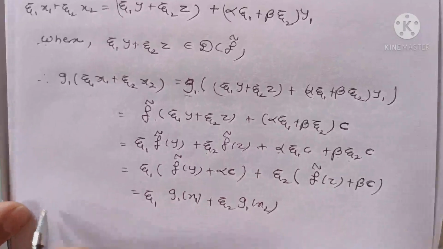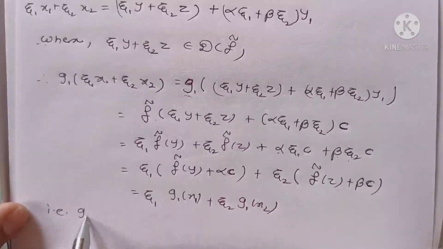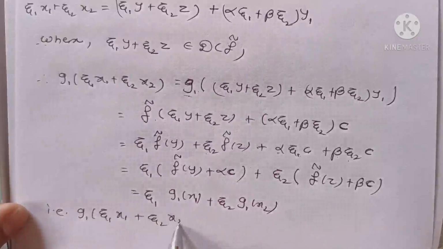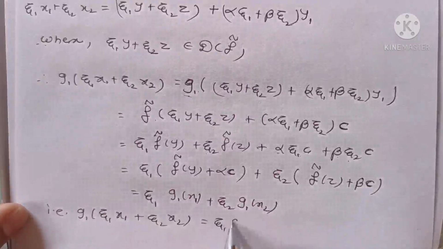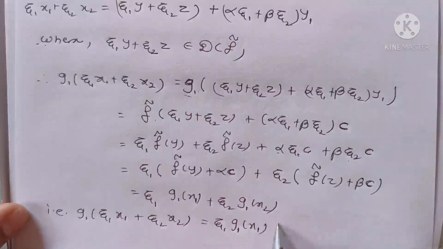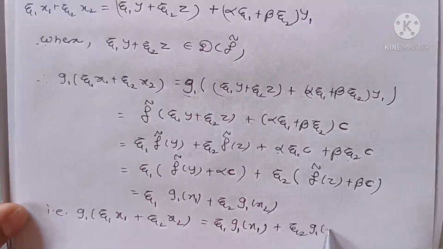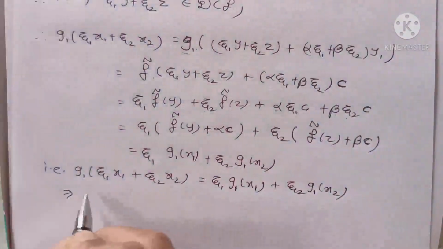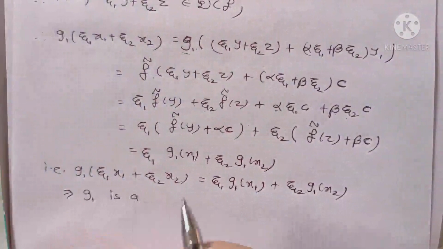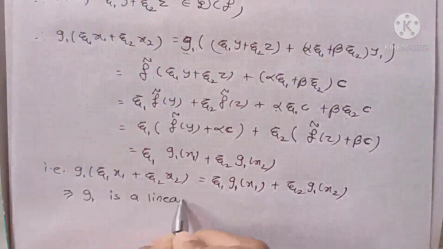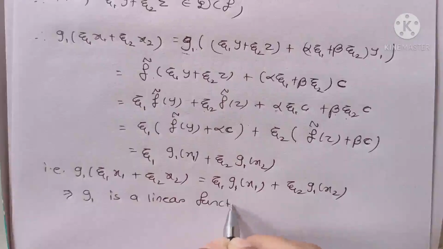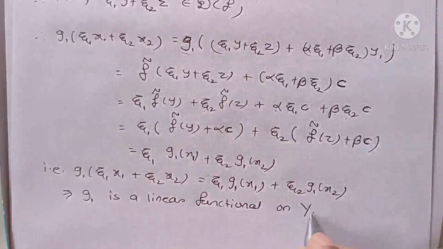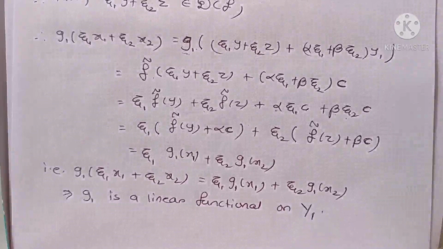That means we are getting g1 of xy1 x1 plus xy2 x2 is equal to xy1 g1 of x1 plus xy2 g1 of x2, and in this way we show that g1 is a linear functional on y1.